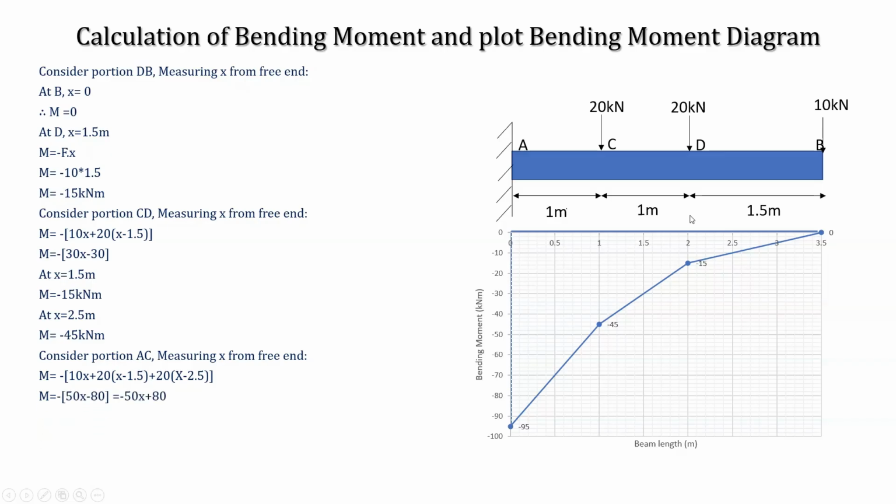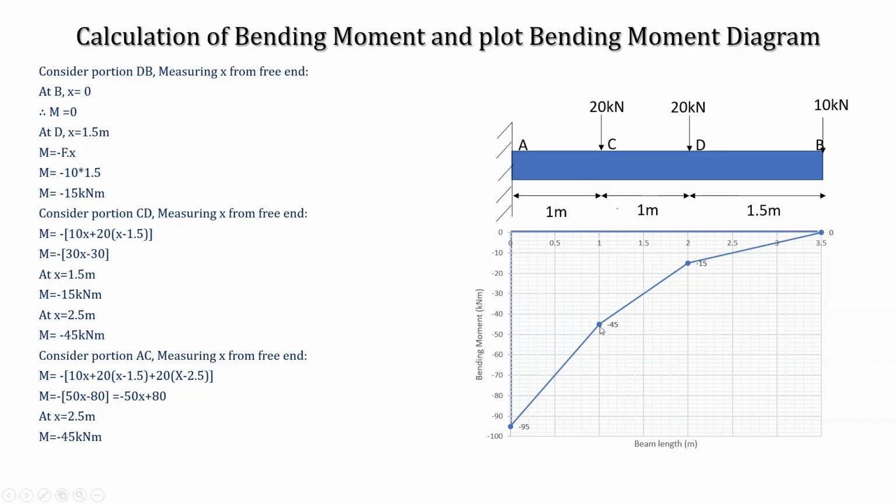Upon substitution, we get minus 50x plus 80. So x is equal to 2.5 meters at this point, that is 1.5 plus 1. So this is the perpendicular distance. We get the magnitude of the bending moment to be equal to minus 45 kilonewton meters at the point C.